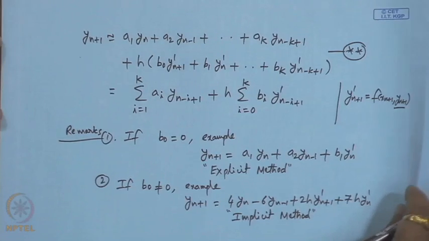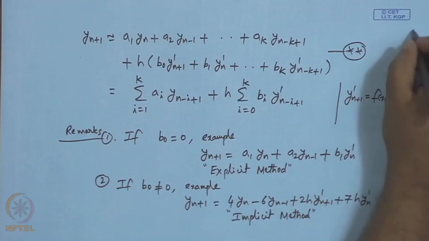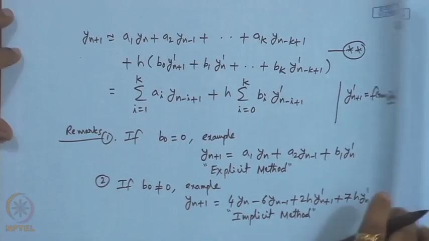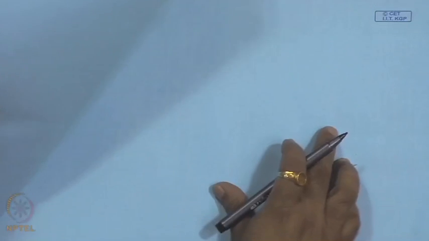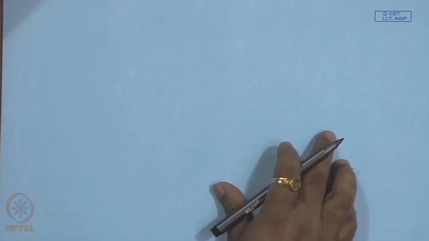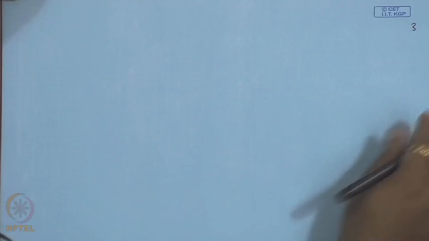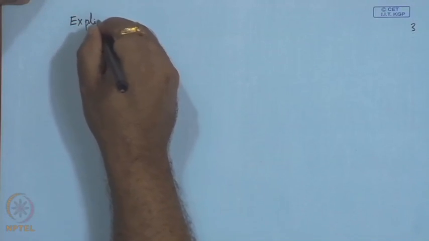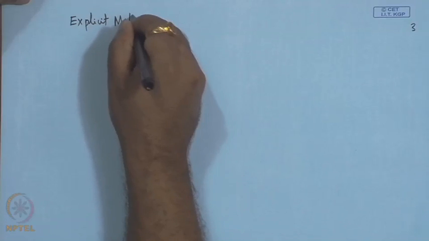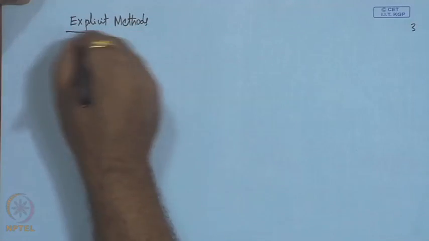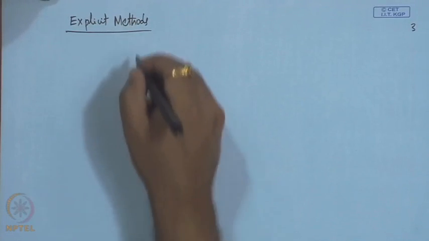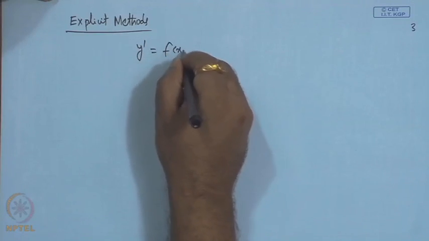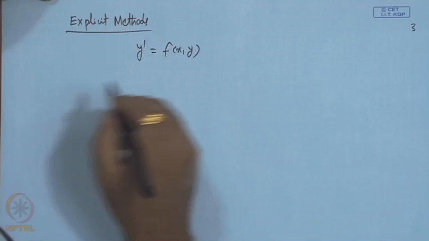Let us try to discuss explicit methods. So, let us start with explicit methods and try to understand. So, explicit methods. Consider our initial value problem.